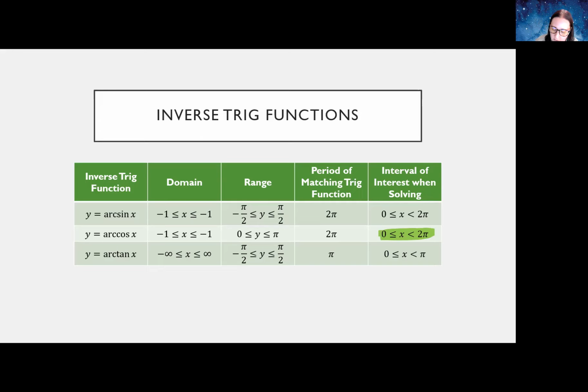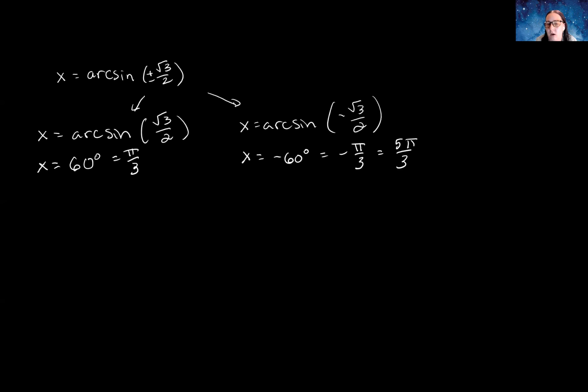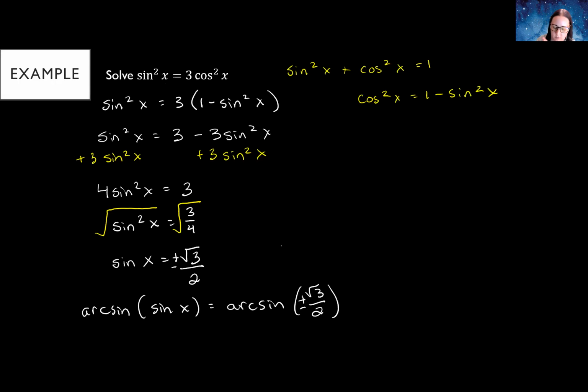But anyway, the problem at hand. We've got pi over 3 and 5 pi over 3. Let's think about going back. We've got our arc sine, and we're looking for what angle gives us a sine of square root of 3 over 2 or a sine of negative square root of 3 over 2.